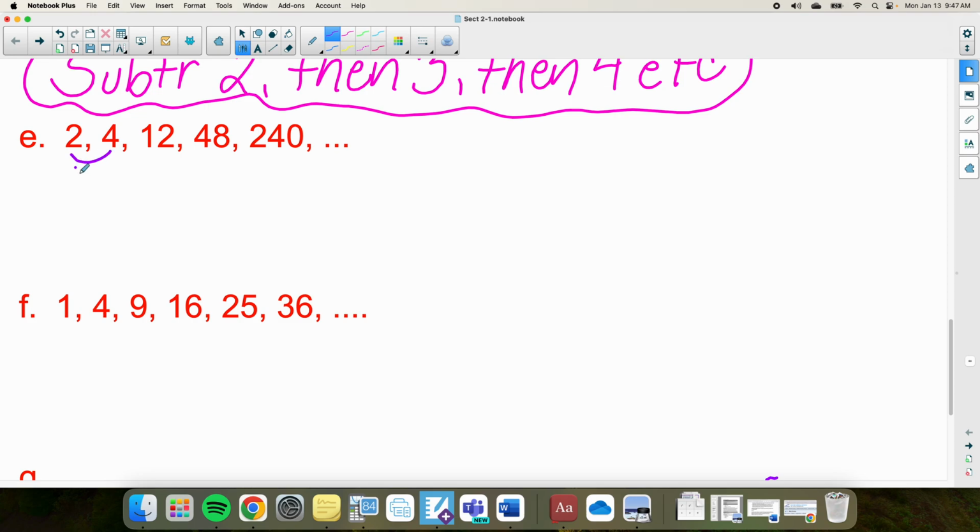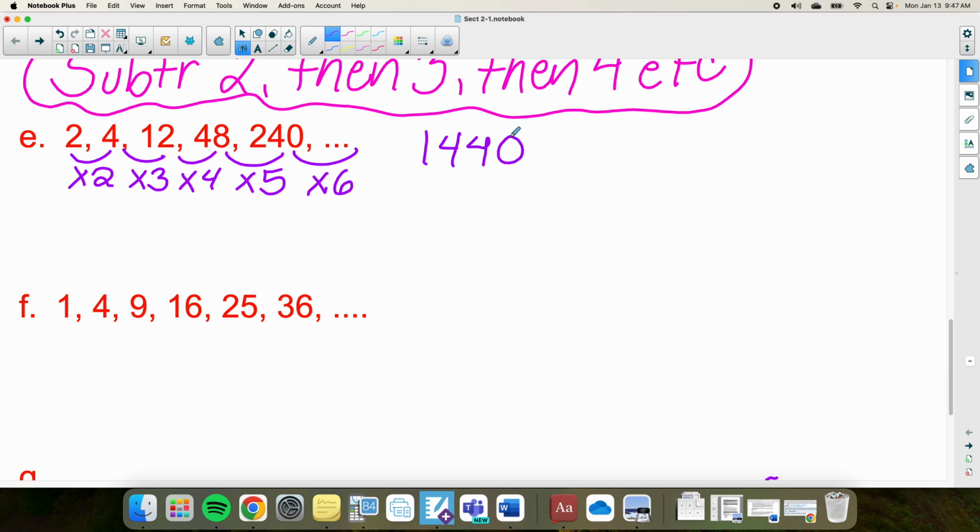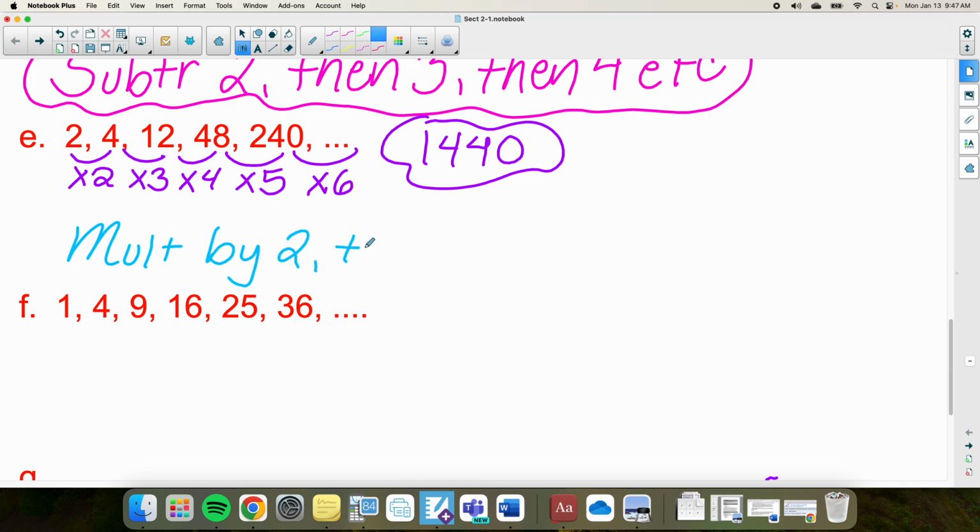So we're multiplying by 2, multiplying by 3, multiplying by 4, multiplying by 5. So our last one is multiplying by 6. And I believe that would give you 1440. And again, when you explain it, I would just say multiply by 2, then 3, then 4, etc.